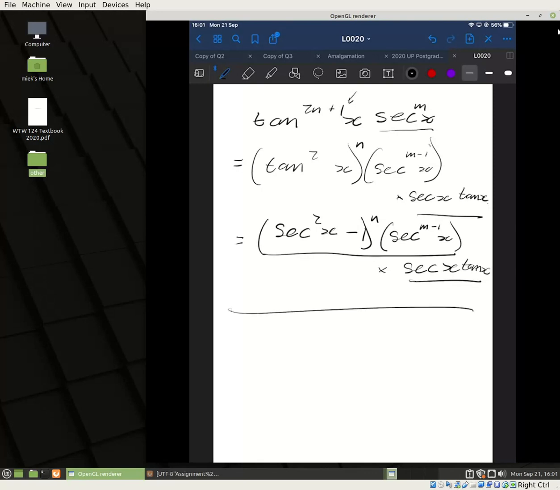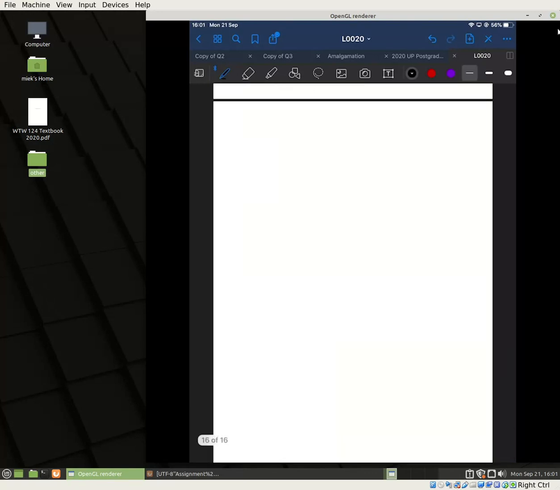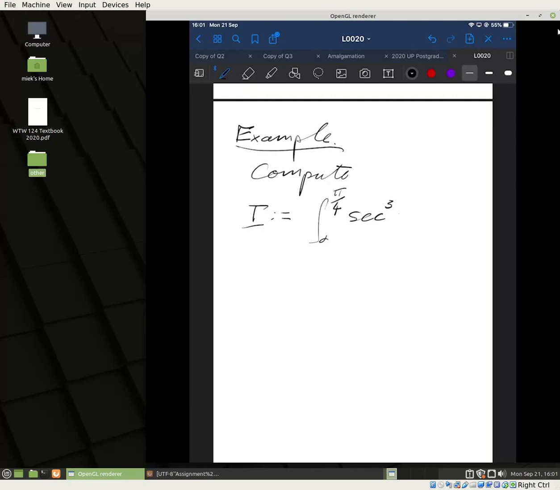Okay, let us put this into practice with an example. We want to compute the following integral: the integral from 0 to pi over 4 of sec cubed x tan to the 5 x dx. And we see here we have an odd power of tan.